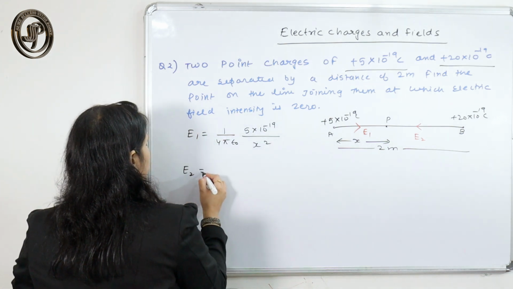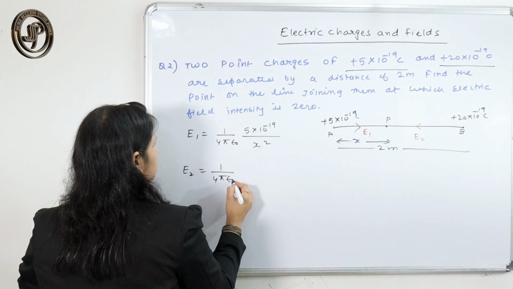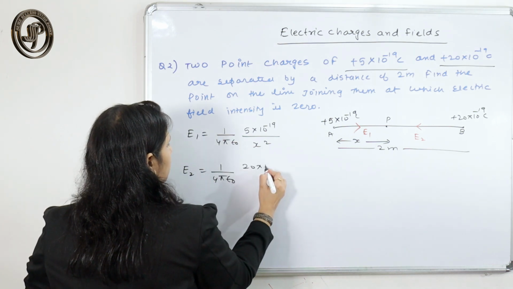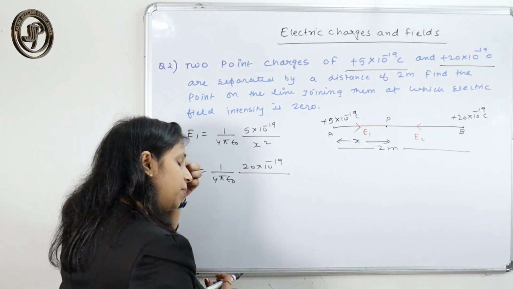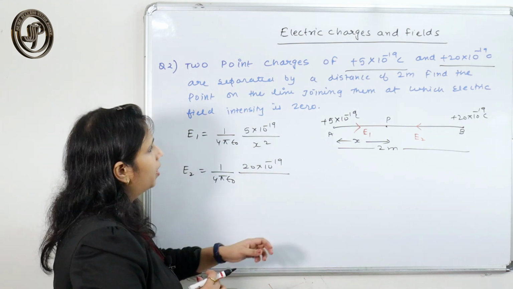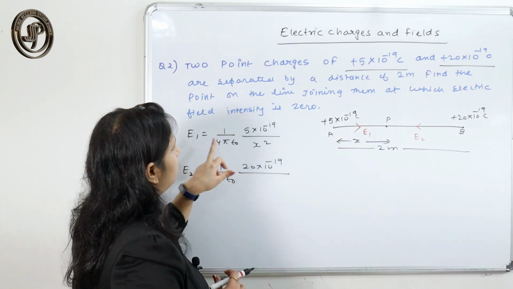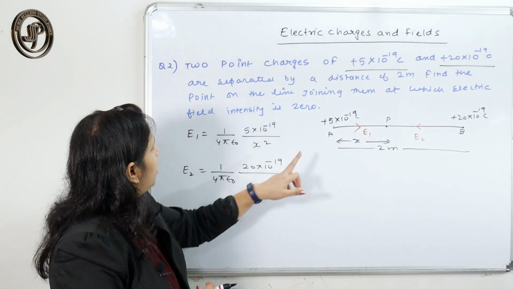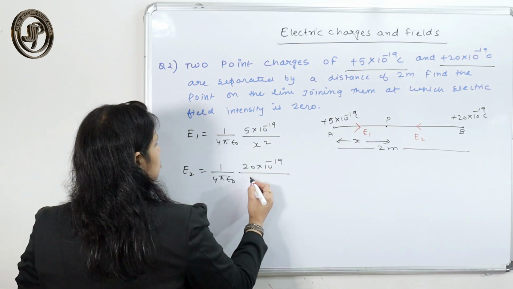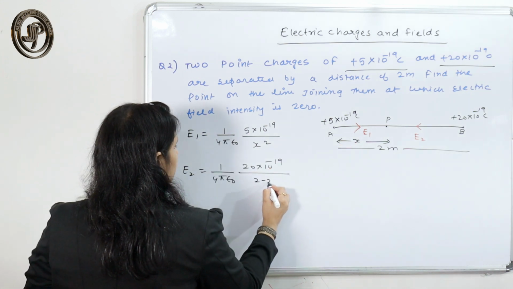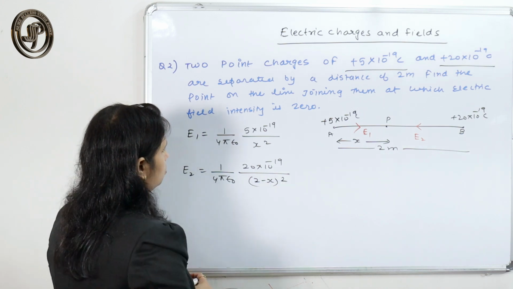What is the magnitude of E2? 1 by 4 pi epsilon naught 20 into 10 raised to power minus 19. What formula are we using? 1 by 4 pi epsilon naught q by r square. Here E1 is the electric field due to this charge and E2 is the electric field due to this charge, so that will be by 2 minus x whole square.